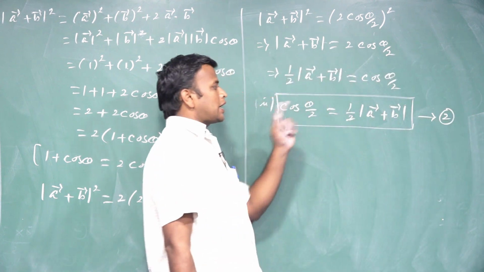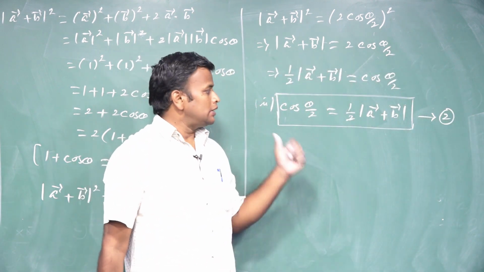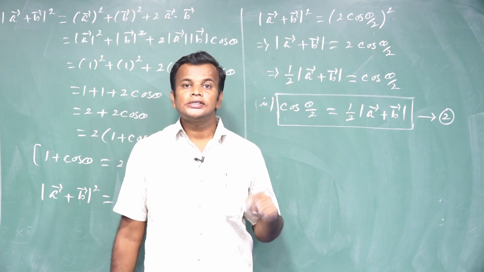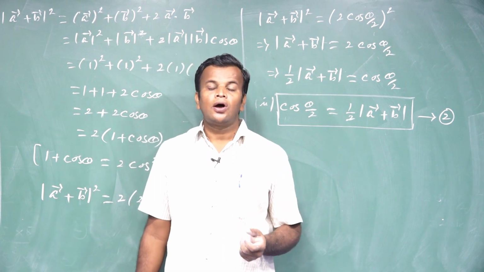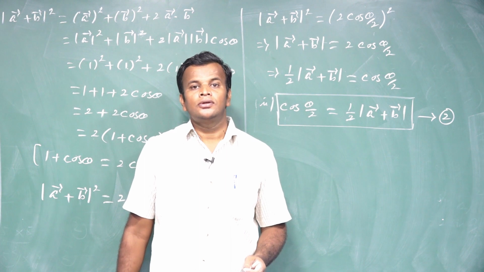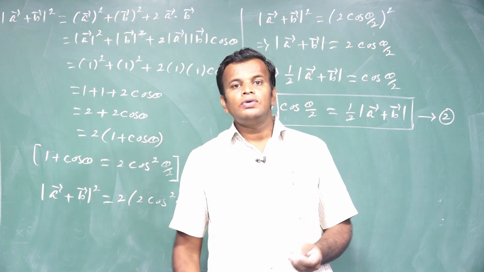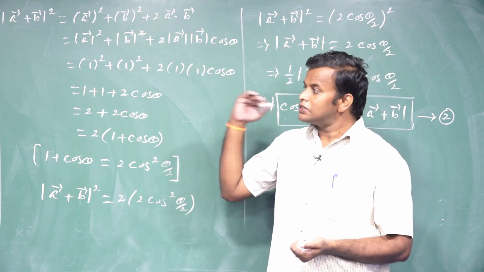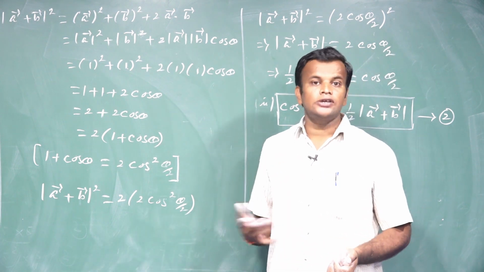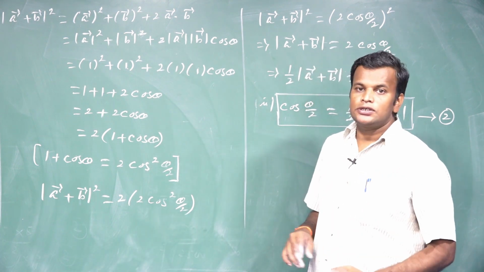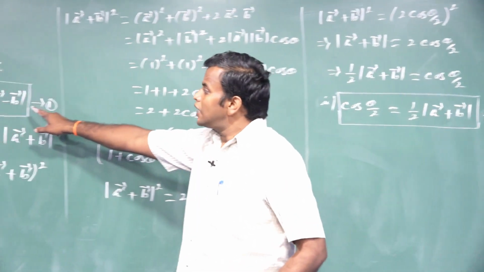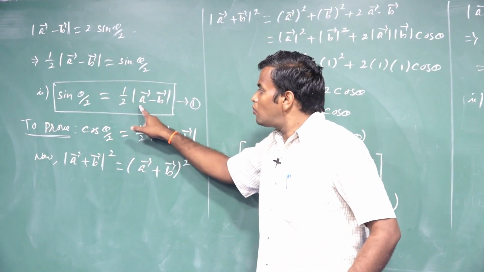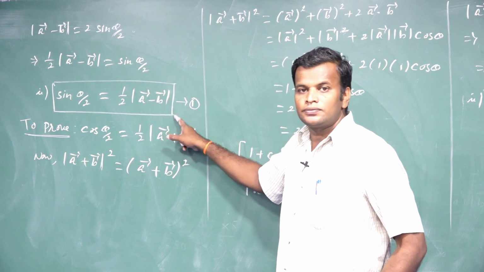We proved the second one also. Okay, it is the second one, so I put it as the second equation. Now to prove the third one, we just divide 1 by 2, which means the first equation divided by the second equation. You see the first equation: sin theta by 2 is equal to half of modulus of A vector minus B vector.